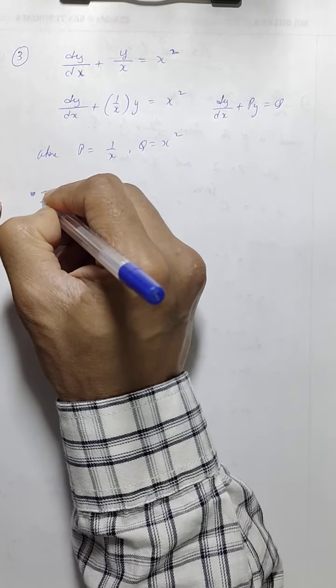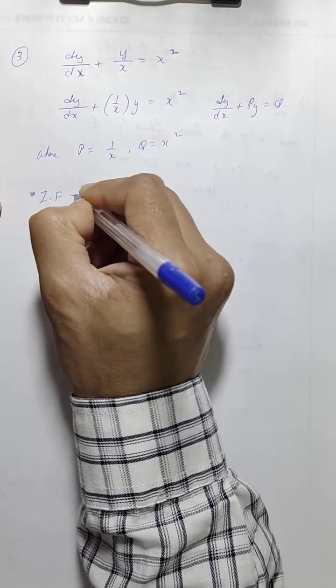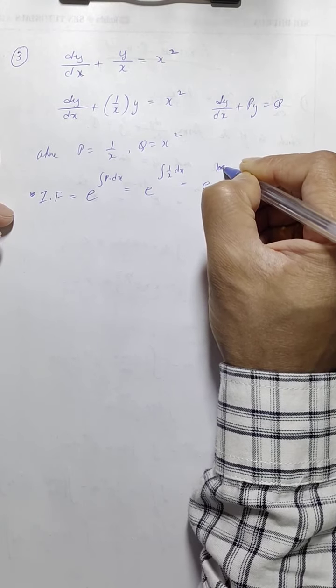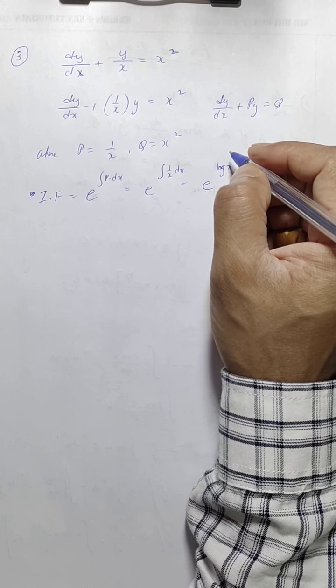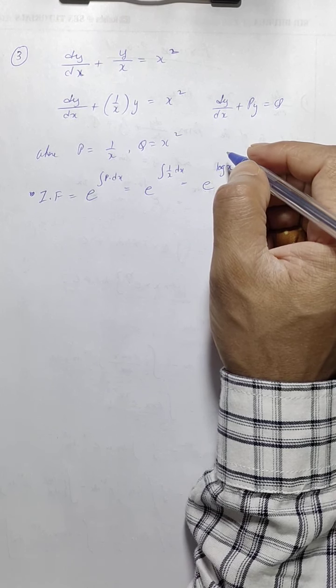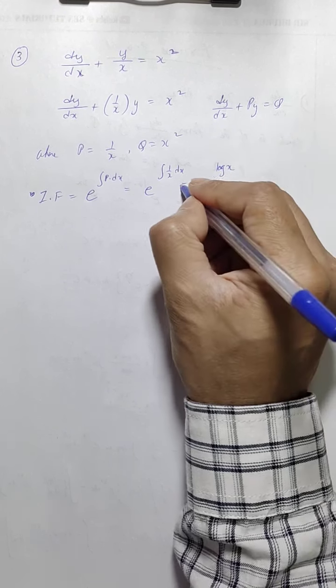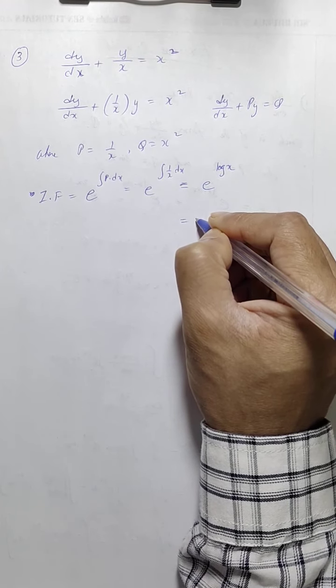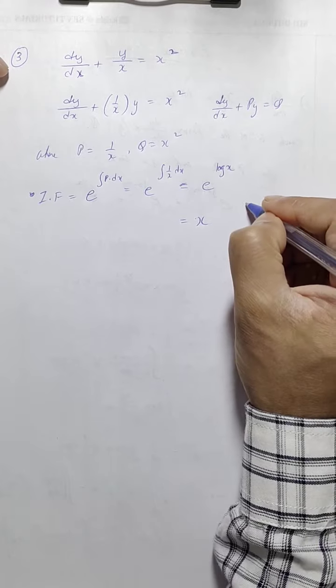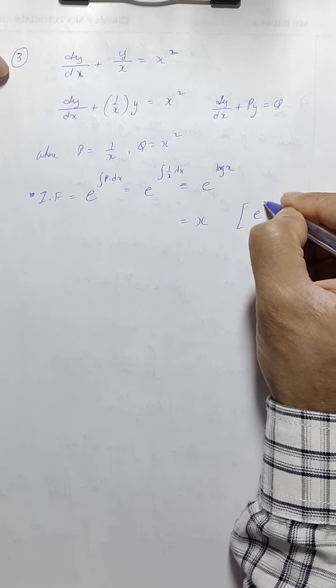So integrating factor will be e power integral of p dx, that's e power integral of 1 by x dx, so that's e power log x. Okay, e power log x, so that's going to be x.